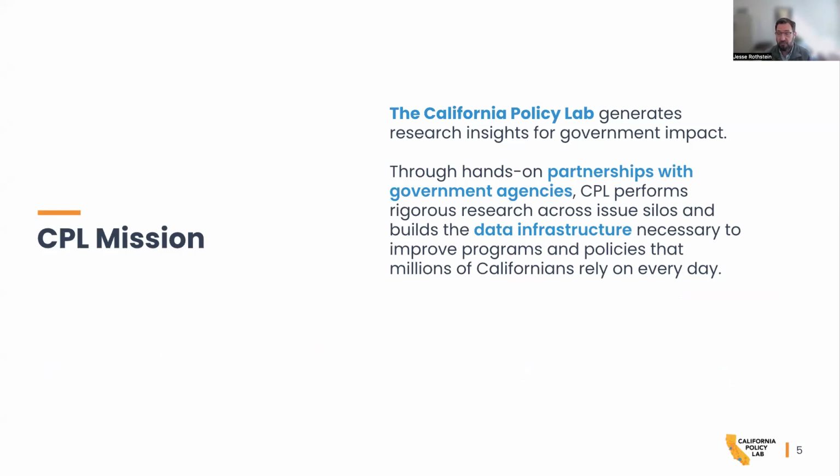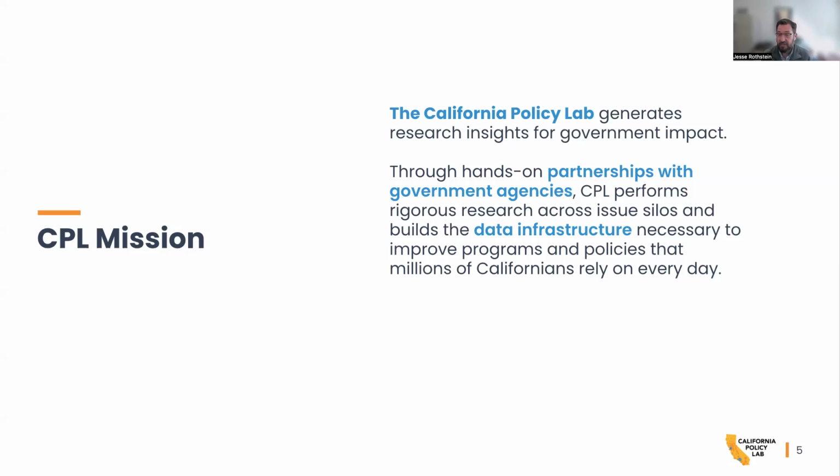Our mission is to bring the research expertise that the university has to state and local government in California, to help make that research useful for policy in the state and to impact the way government works. We do that by forming partnerships with government agencies, where we work closely with them to identify what their research needs are and how we can help meet them. Once we've identified those needs, we conduct that research, bringing the rigor that we all know from our own academic work to the agencies.